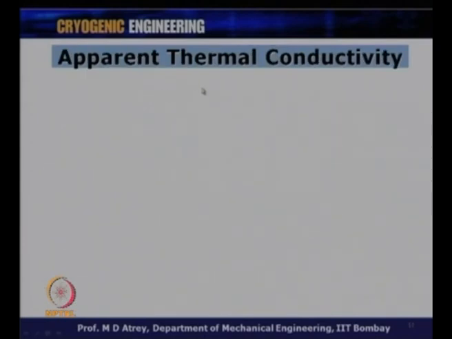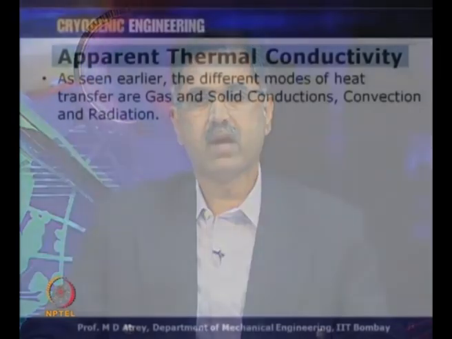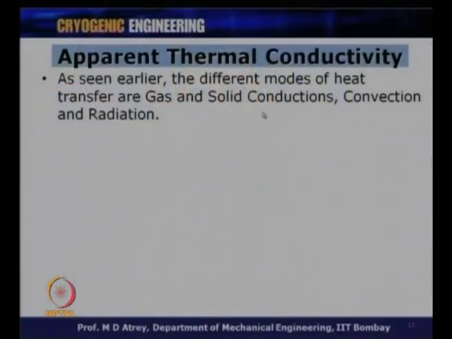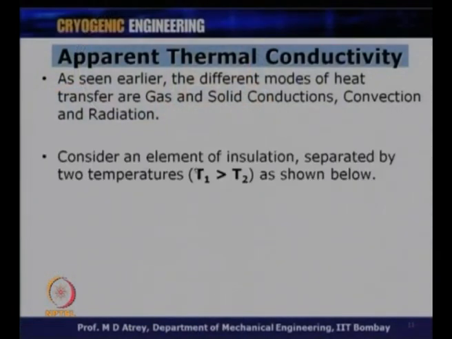Let us define one more parameter which is normally used in insulation studies. This is called apparent thermal conductivity. As seen earlier, the different modes of heat transfer are gas and solid conduction, convection and radiation. Consider an element of insulation separated by two temperatures, let us say T1 and T2, where T1 is more than T2.